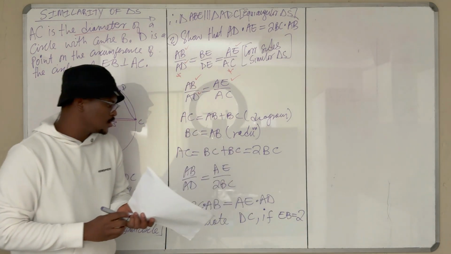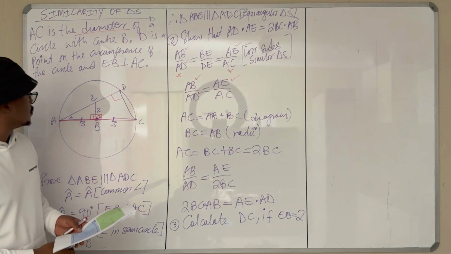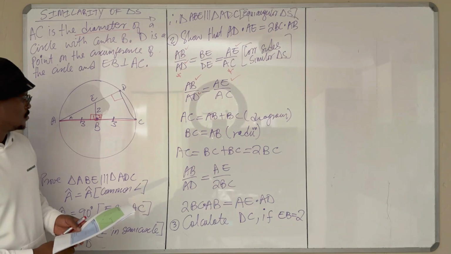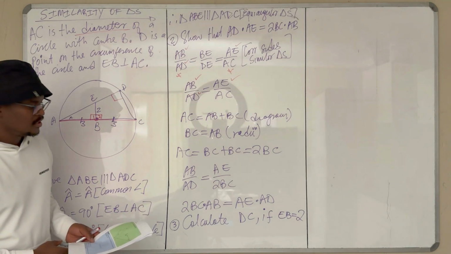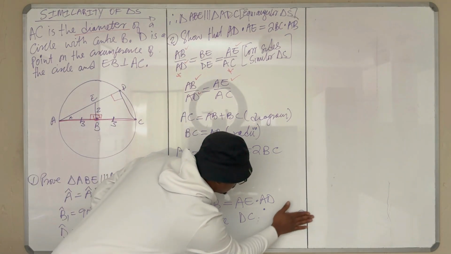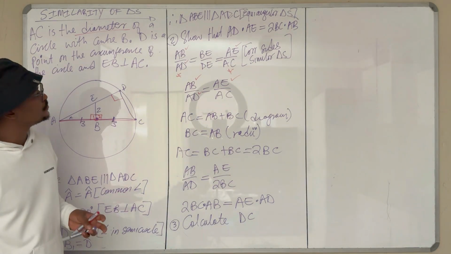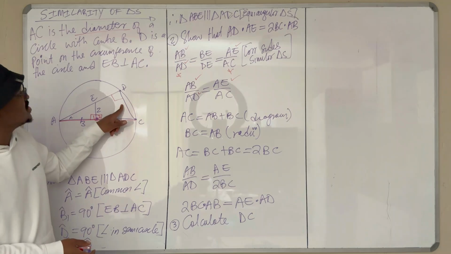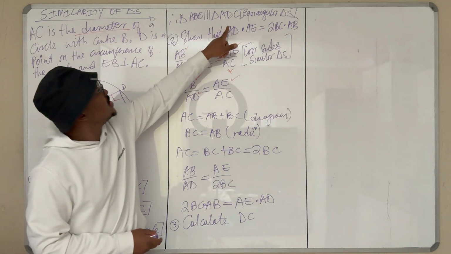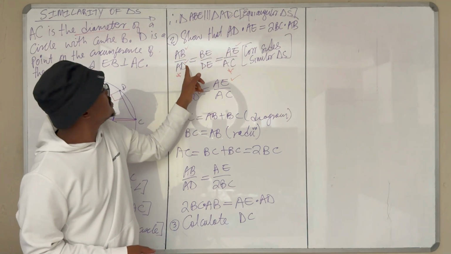So we're told that EB is equal to 2 units. Actually, they just want us to find DC, so this doesn't really matter. Where is DC? DC is here. But it also appears there as well, in these ratios.